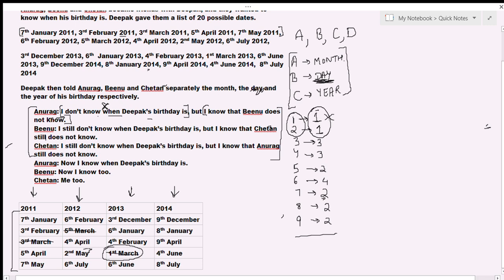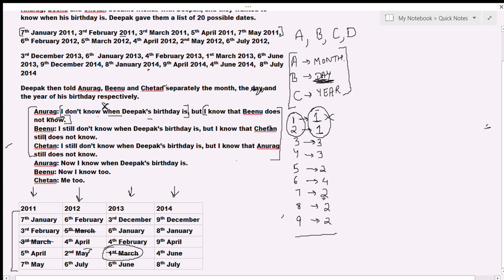Yeah, these are the 2 possibilities. In 7th May, he would have been sure that Binu does not know. But in 2nd May, there's a chance that Binu is knowing.